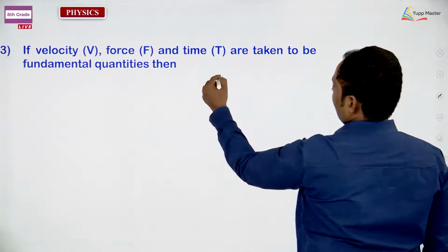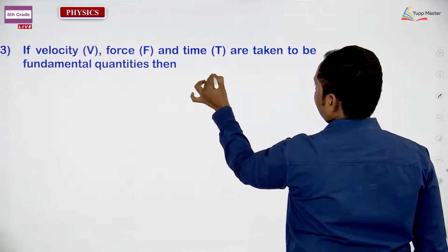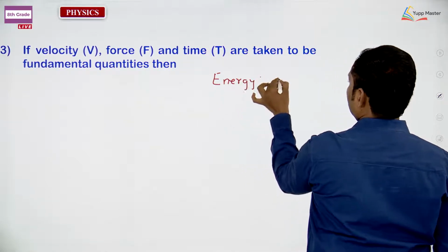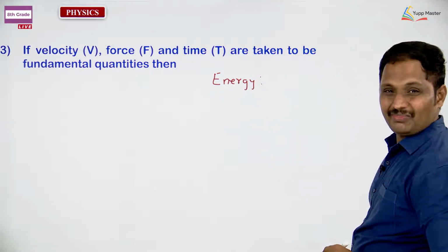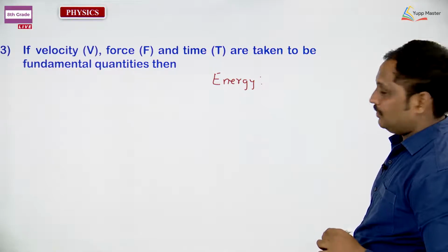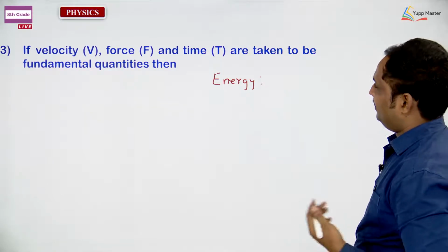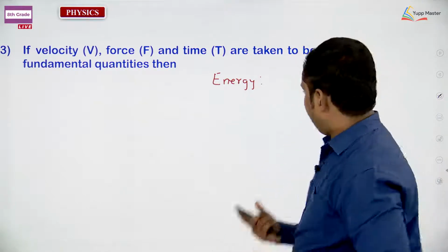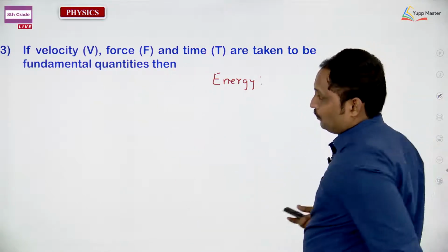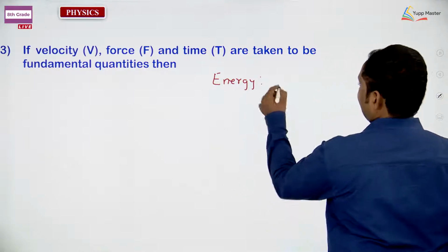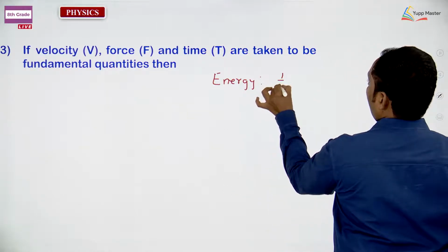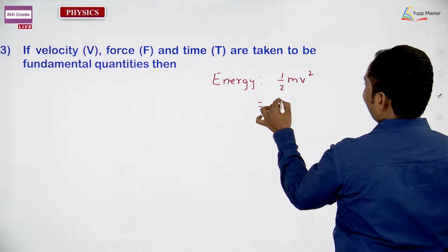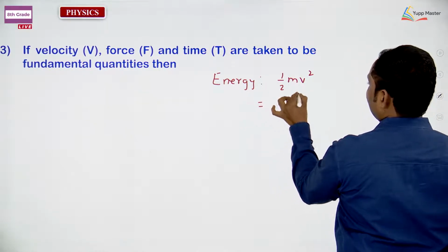Right, you know that energy is equal to, we are going to take either kinetic energy or potential energy. Let us take kinetic energy. If they have given the force and velocity, okay, kinetic energy is half m v square. We would like to take this one, m v square.